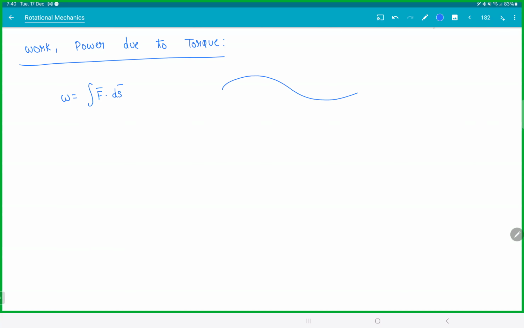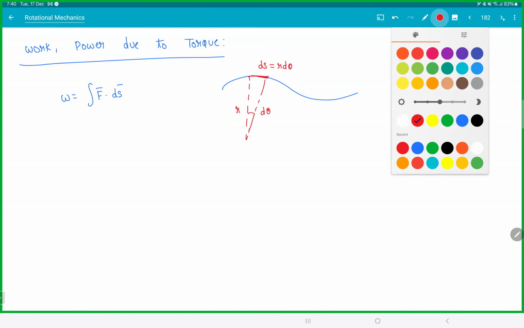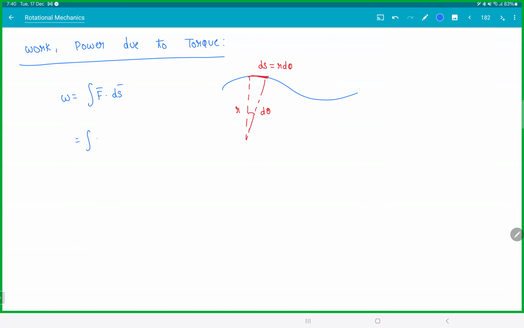If a particle is going in some curve, if this is some radius, if this angle is d theta, then this distance ds is r d theta. I can write this as F into r d theta, then that F times r becomes torque. So work done can be written as torque into d theta. Just like F into s, it's torque times d theta.